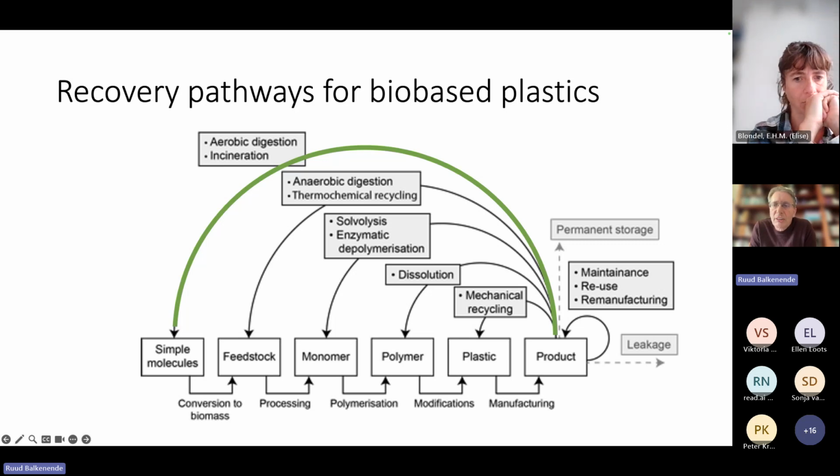So circular strategies like maintenance and repair. Also for recycling, we have largely the same opportunities as for petrochemical plastics. And it's also usually advantageous to have recycling over, say, incineration or composting in the case of biodegradable materials to single molecules, because then you have to rebuild far more to get the materials and the products back.